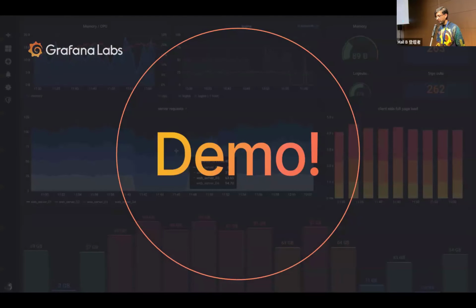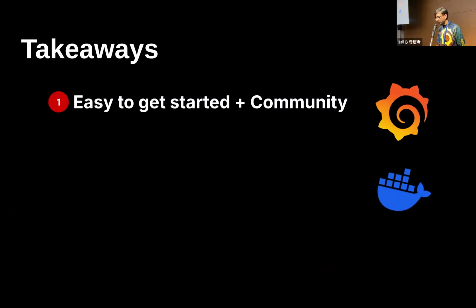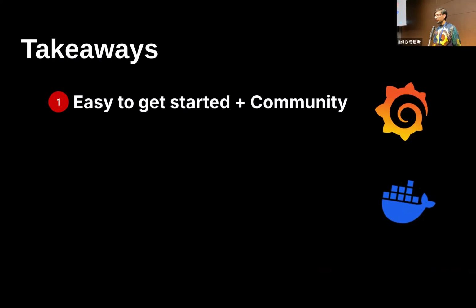Yeah, we just saw the demo, so it's fine. We can skip this. So this is the end of my talk, in which I tried to explain some of the basic to advanced use cases and best practices when using Grafana in a Dockerized environment. My takeaways are that it's easy to get started with both Grafana and Docker.